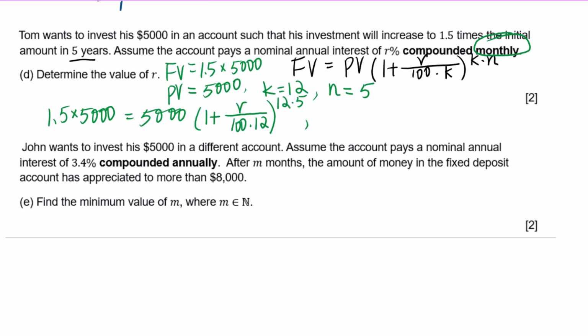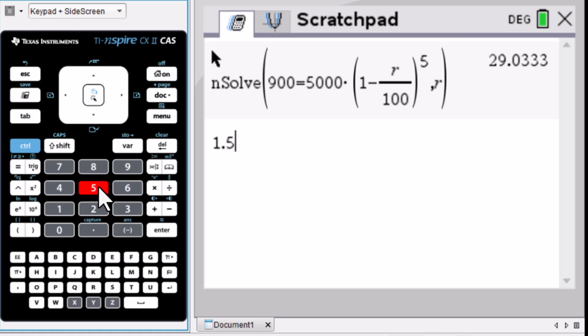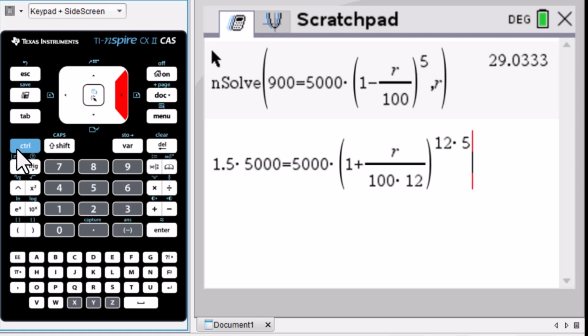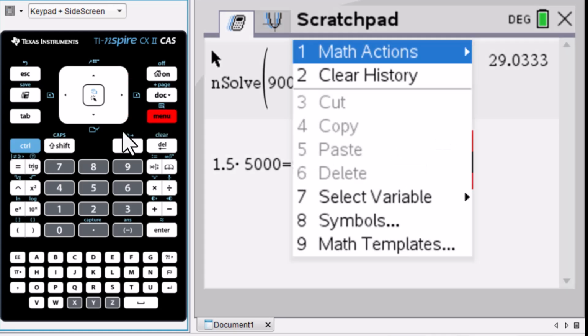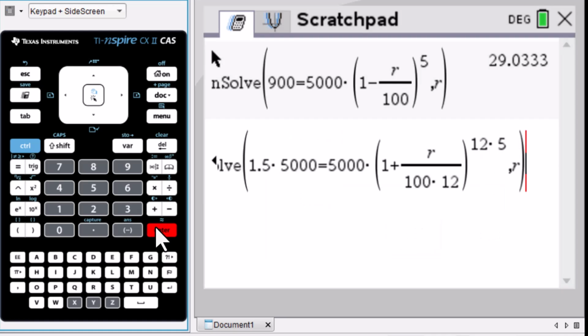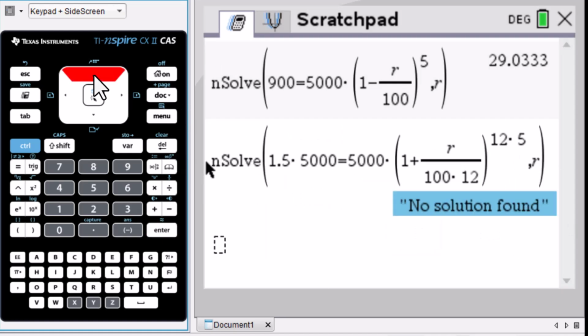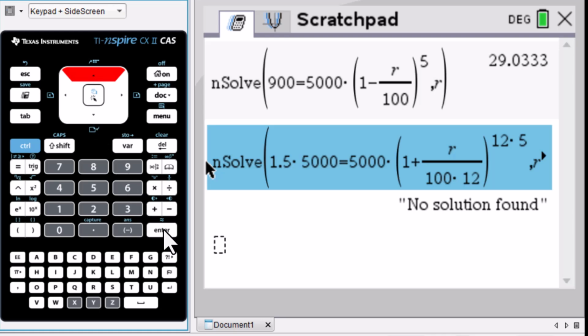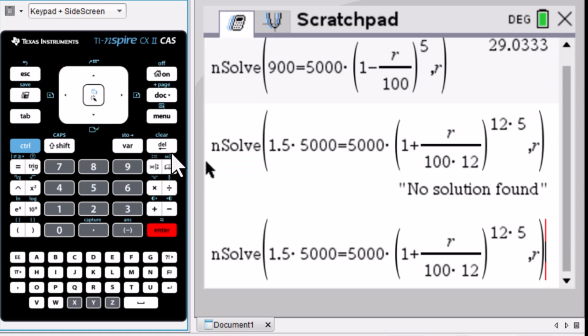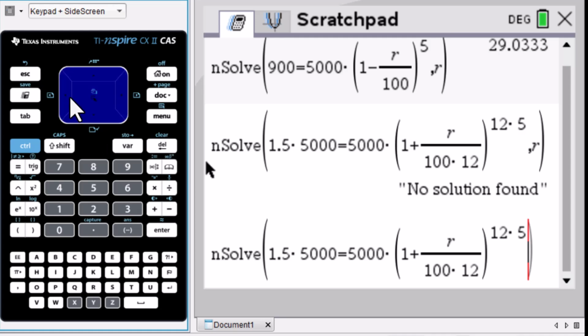Let's go to equation solver. We will type the equation into calculator first. Then we go to control menu. Enter, enter, enter. It didn't work. Then we go back over here. Just delete extra stuff. We only leave that equation.